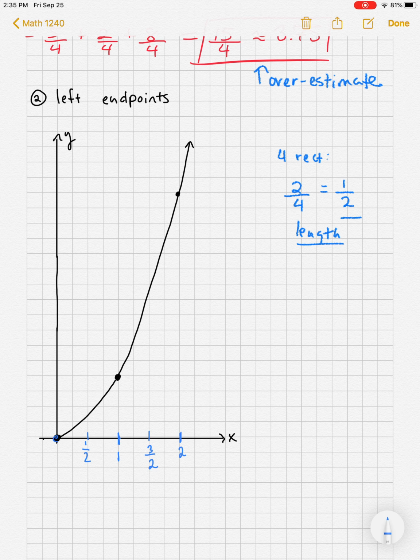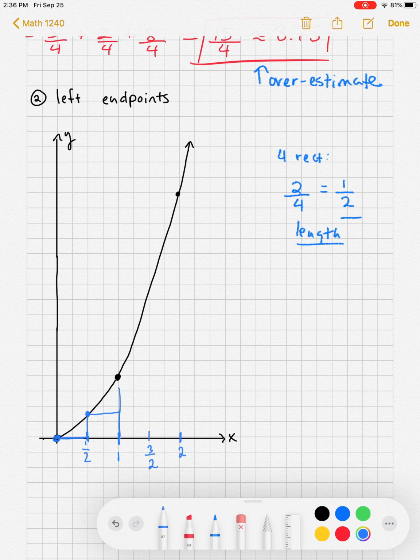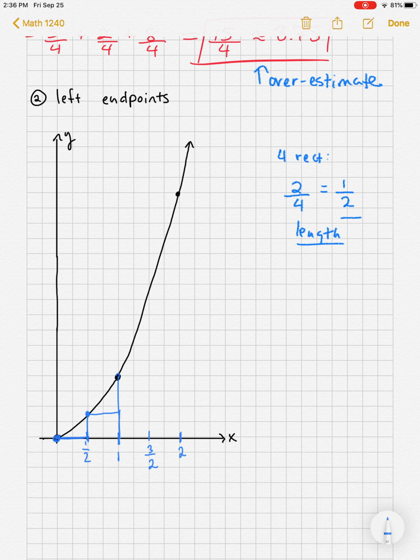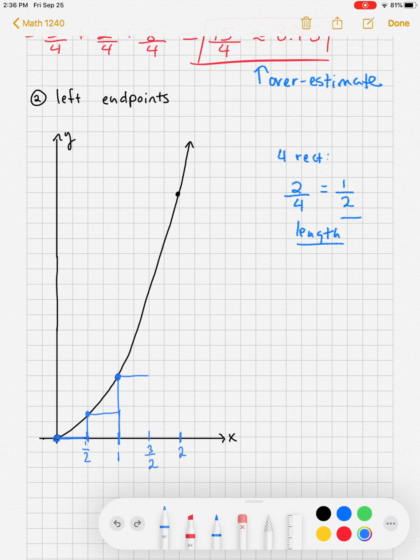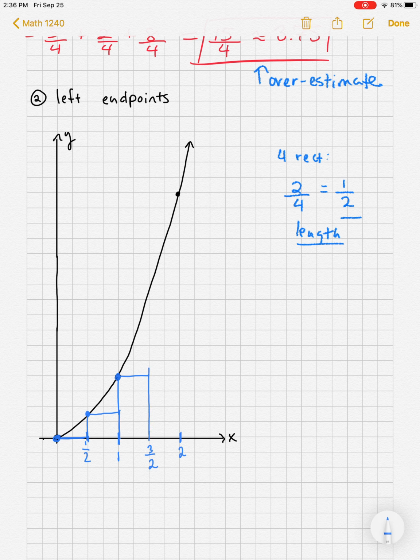But now I'm using the left endpoint, so that means my first rectangle is actually here. It has 0 area. Okay, then here's my next rectangle, using the left endpoints. It's going to stop here though.